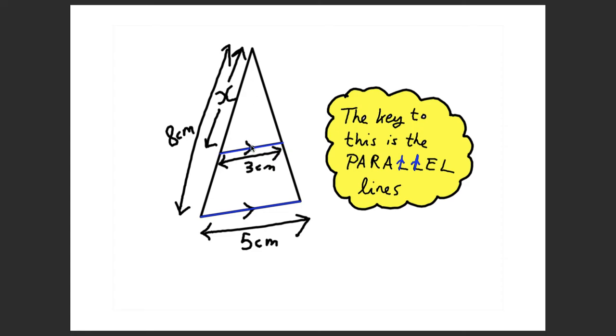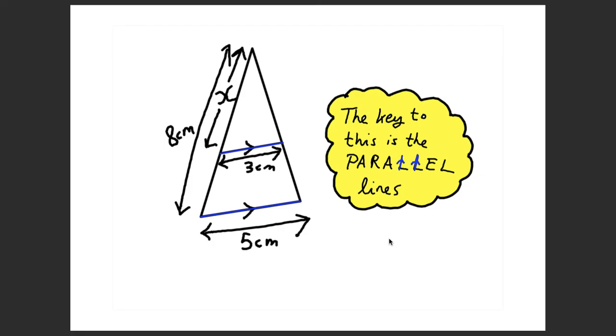And because they share one side on the right, and because they share one side on the left, and because the two blue lines are actually parallel, so you can see the little arrow indicators telling you that these are parallel lines, then all of the lines in the big triangle and the little triangle are going in the same direction. So therefore all the angles are the same, and they're similar triangles.